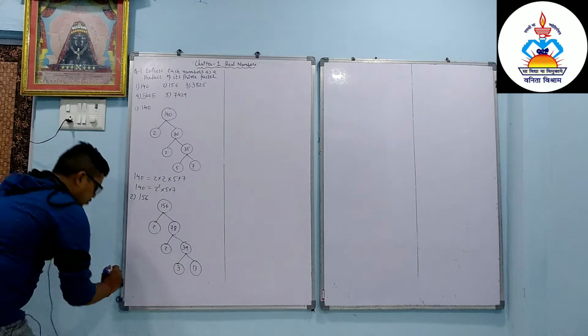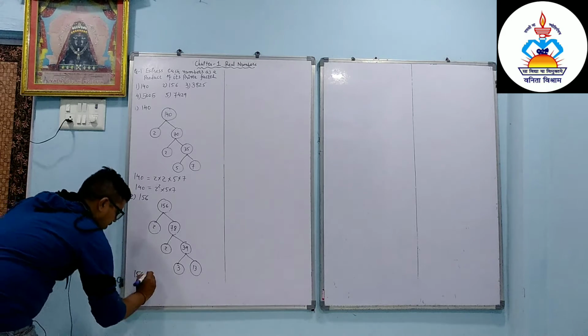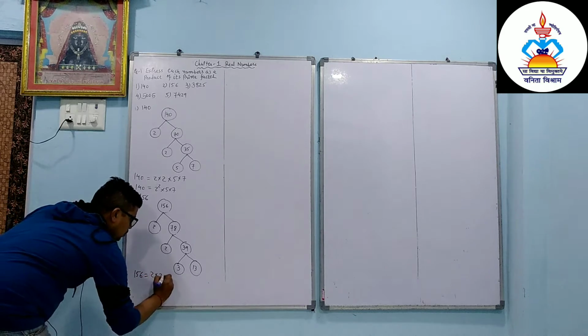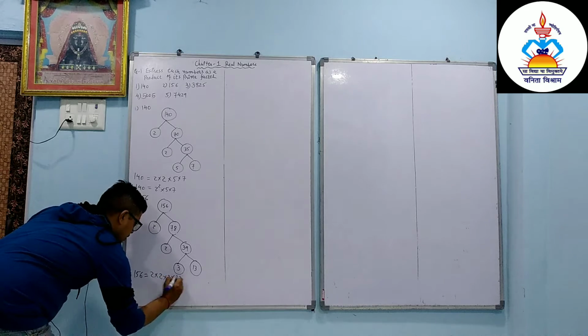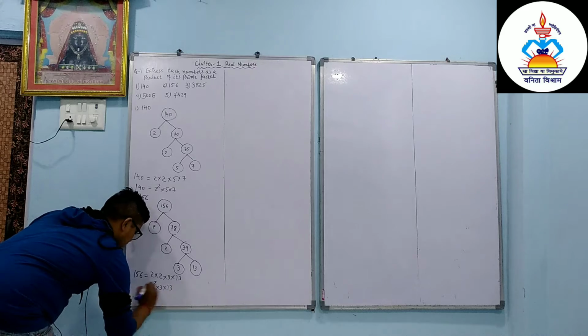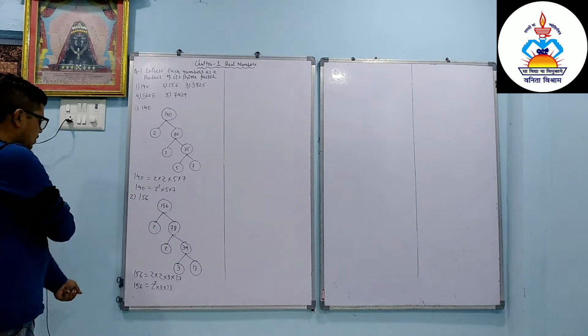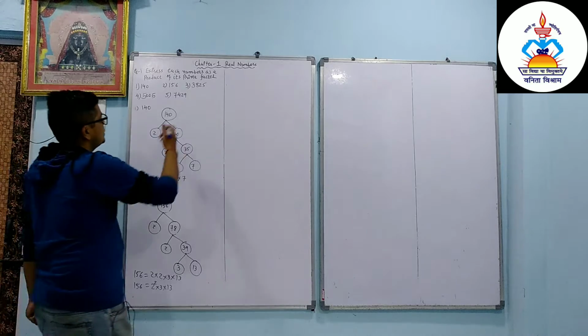So we can write the factors of 156 equals 2 into 2 into 3 into 13. So we can write 2 square into 3 into 13. So these are the prime factors of 156.